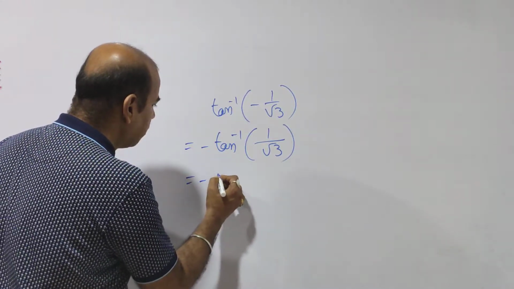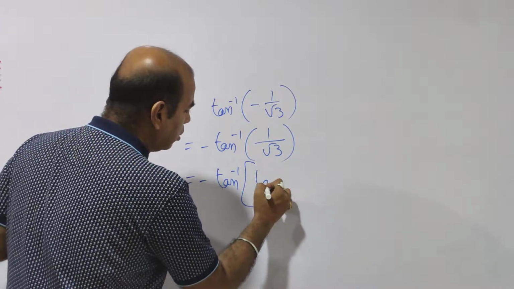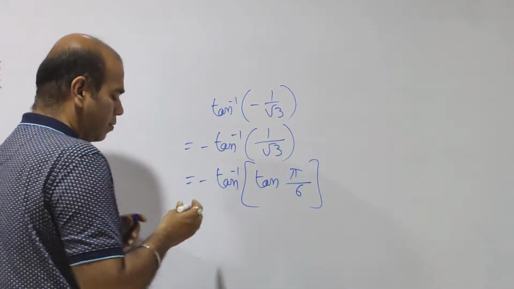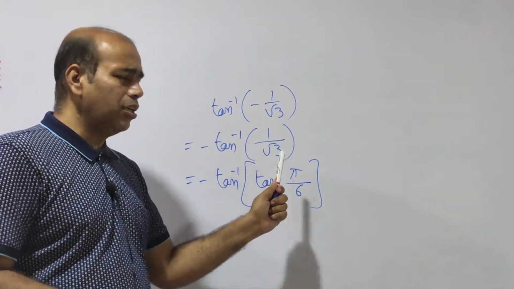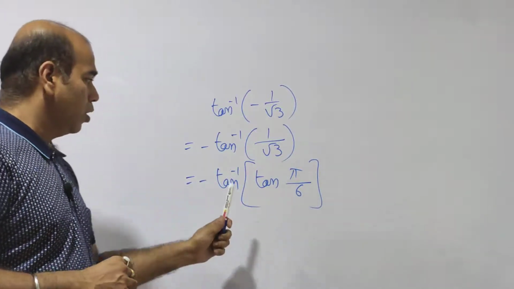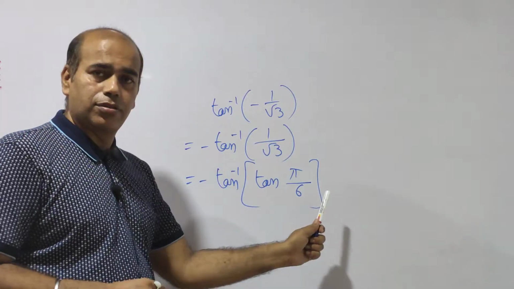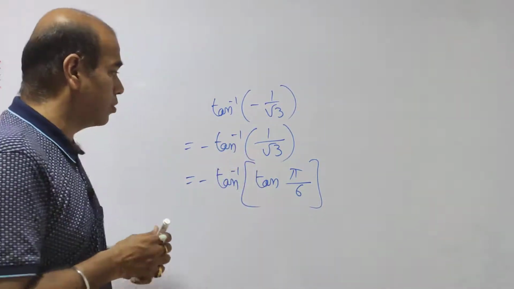Now minus tan inverse of 1 by root 3. In junior classes, I suppose you all know that 1 by root 3 is tan 30, a standard angle, so it is tan pi by 6. Now, what is the range of tan inverse?